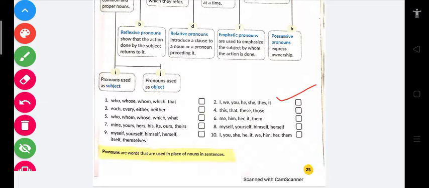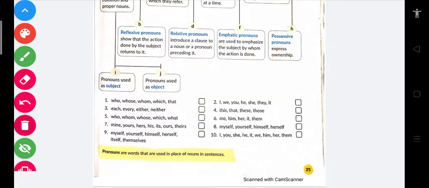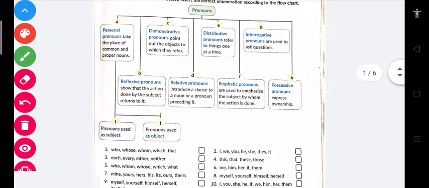For example, I say my name is Adil, and I say I am Adil. Here you can see that for this noun we are using another word, I. So that's why this is a group of personal pronoun.